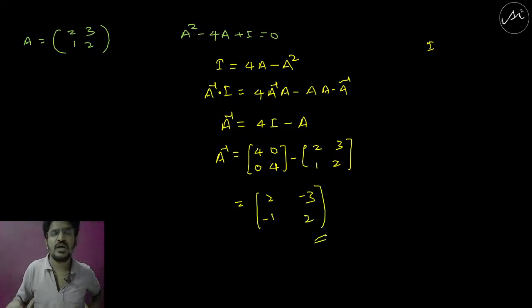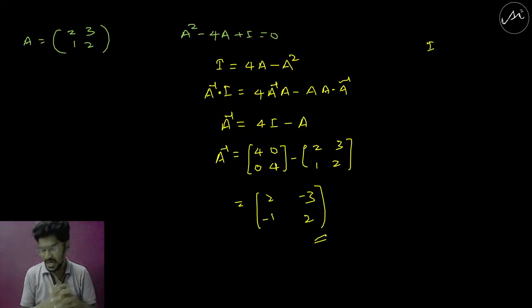Clear? I think everyone has understood this, no problem. Very simple question. They have given a matrix A and also the equation A squared minus 4A plus I equal to 0. You just adjust that equation to I equal to 4A minus A squared and multiply A inverse on both sides, and you will get your required result.